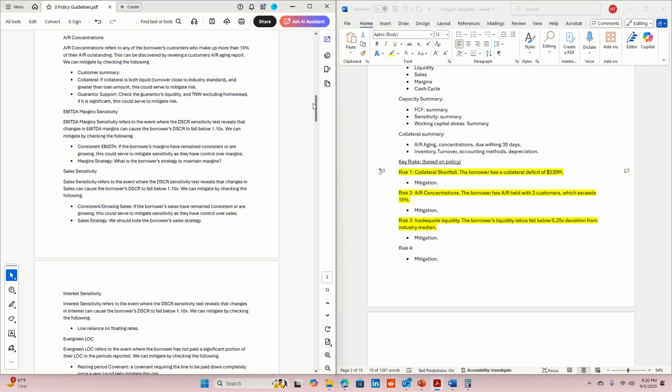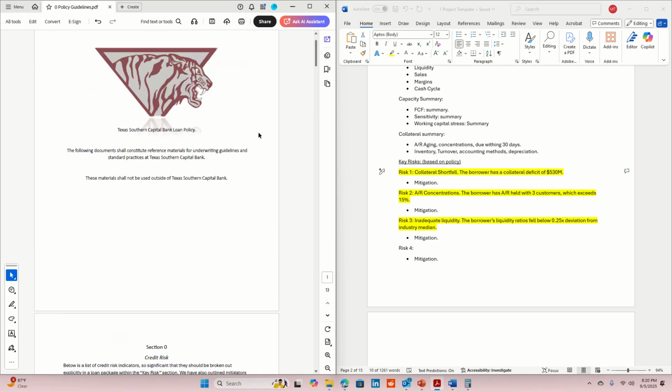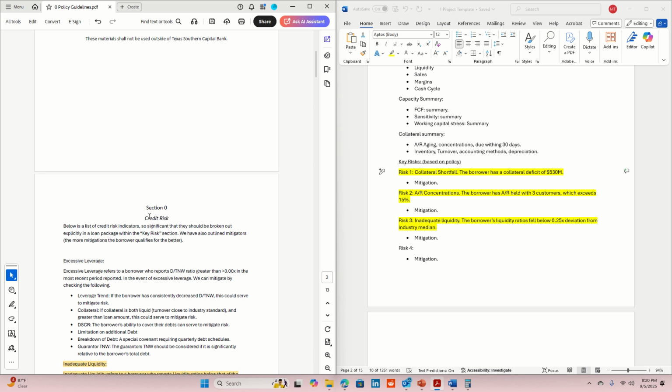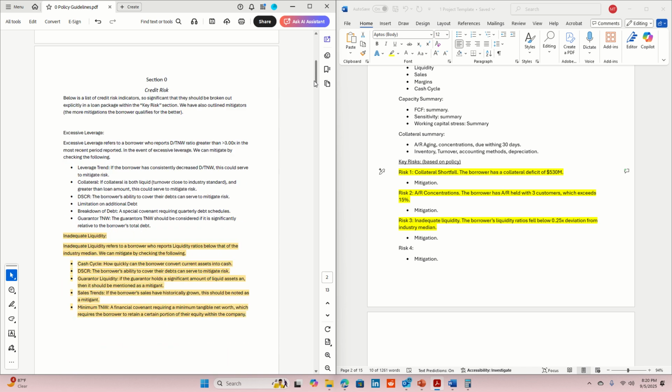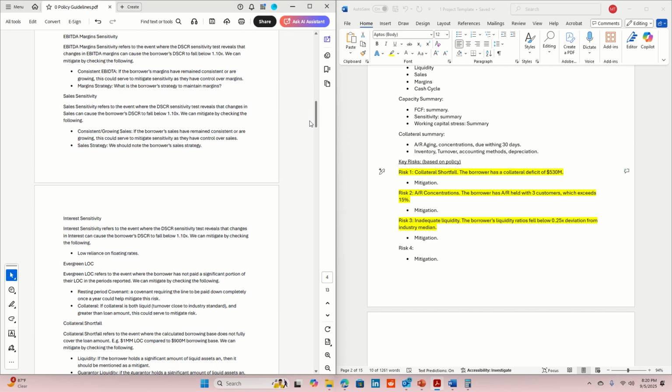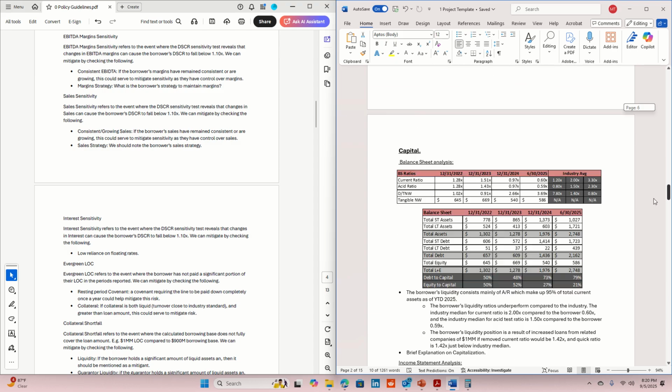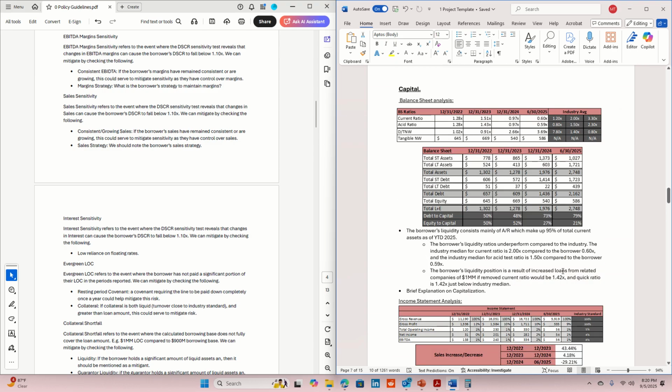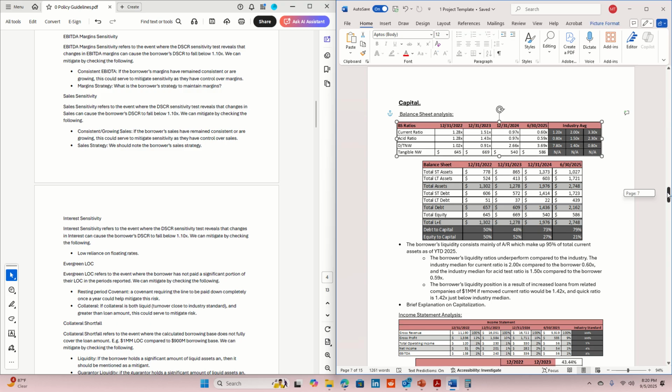And when you open the policies, section 0 is the credit risks. Section 0 tells you where all the credit risks are. These are the things that I want you to look out for. So again, what you're going to do is check to see if they fall below by more than 0.25, which they do. They fall significantly below it.